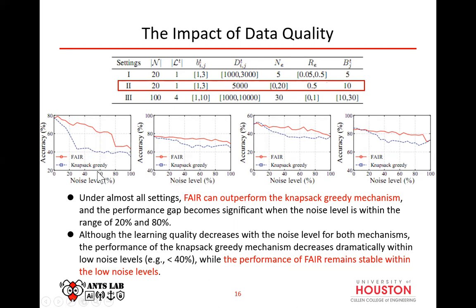And they show that under almost all settings, FAIR can outperform the knapsack greedy mechanism, and the performance gap becomes significant when the noise level is within the range of 20% to 80%. And although the learning quality decreases with the noise level for both mechanisms, the performance of FAIR remains stable within the low noise levels.